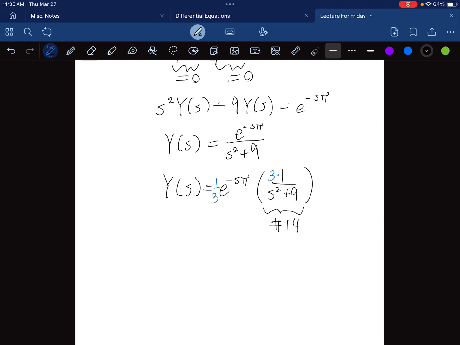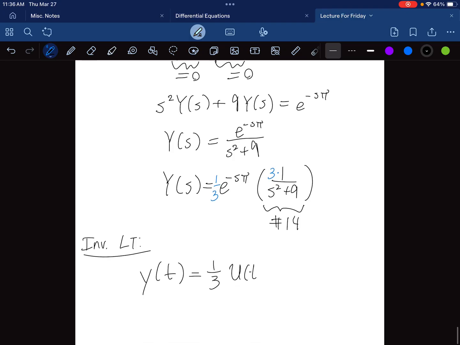And so, using table entry number 14, as well as table entry number 5, we're going to find the inverse Laplace transform, y of t, is going to be 1/3 u of t minus pi times sine of 3 times t minus pi.